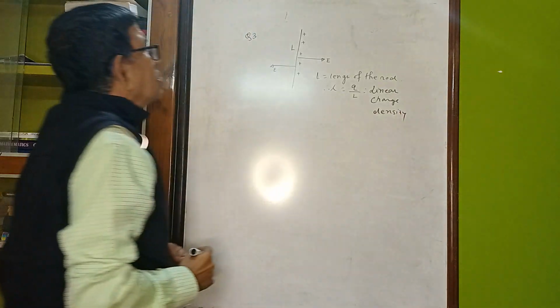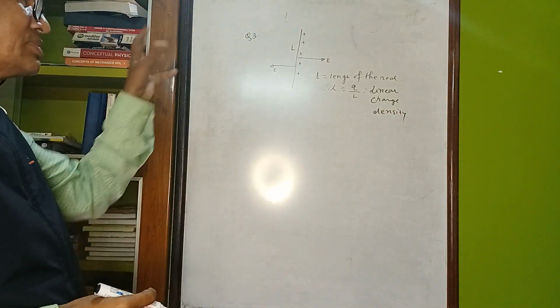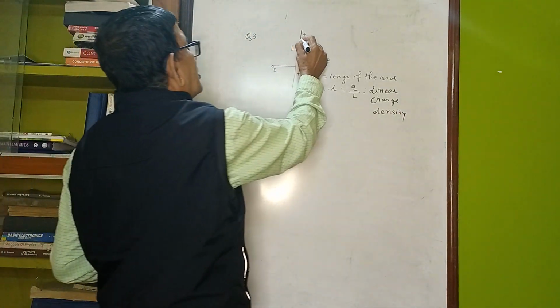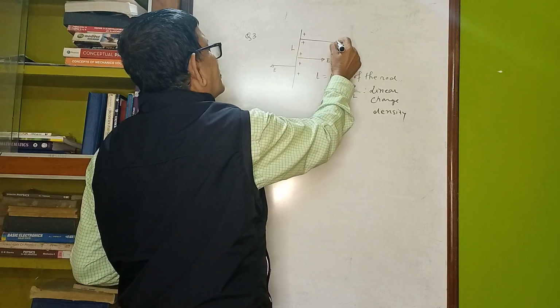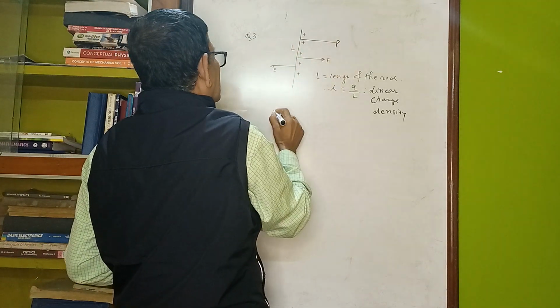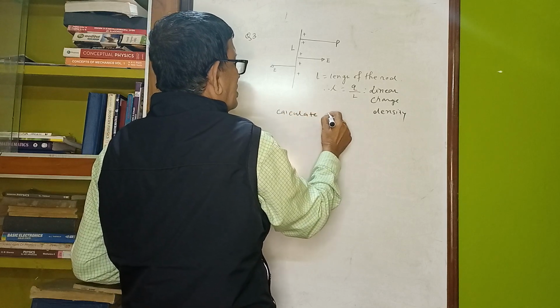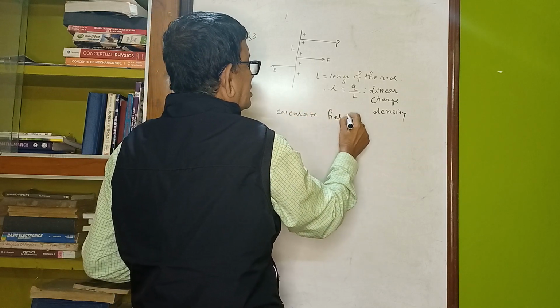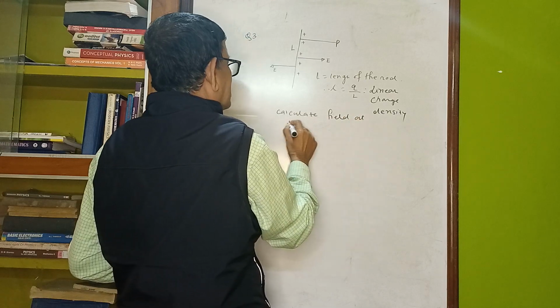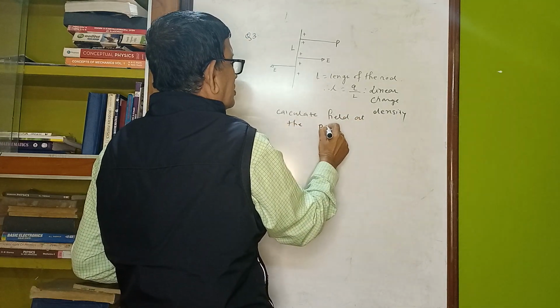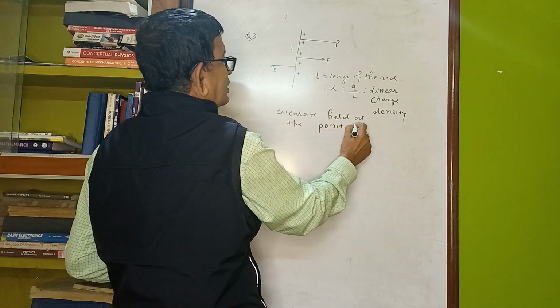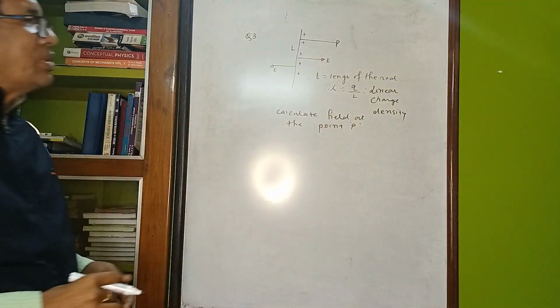Now you take the rod at the middle of the Gaussian surface. You want to calculate the electric field at the point P.